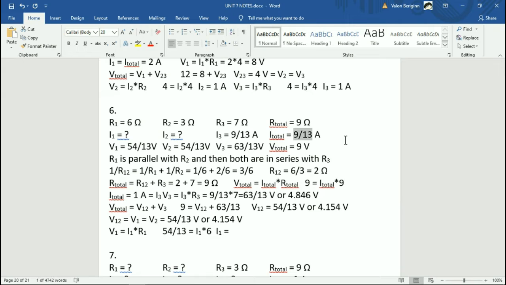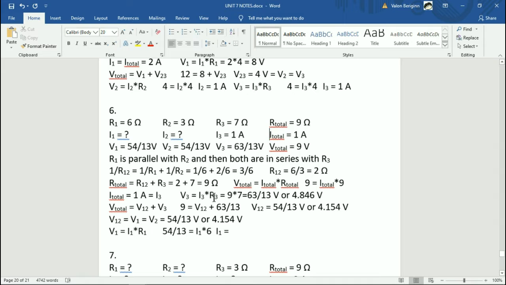You can see how one mistake completely messes everything up. Okay, so that's I3. Therefore, I31 equals 9. Wait, I3. Hold on. I3 equals 1.